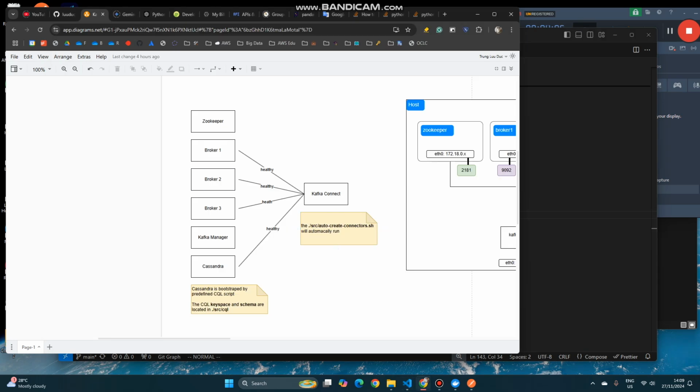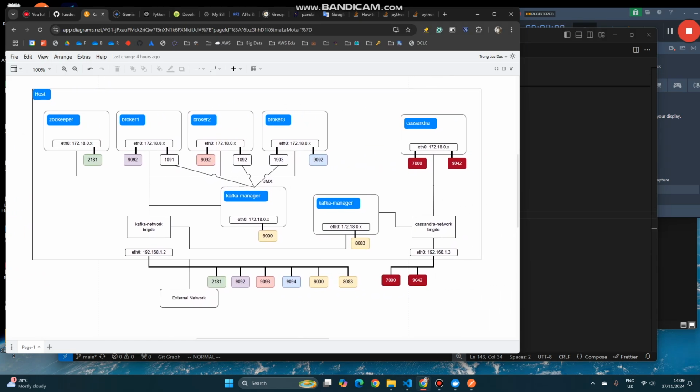Okay, and let's talk a little bit about the networking. Zookeeper, brokers, and Kafka Manager definitely stand behind the Kafka network, which is the bridge network in Docker Desktop.